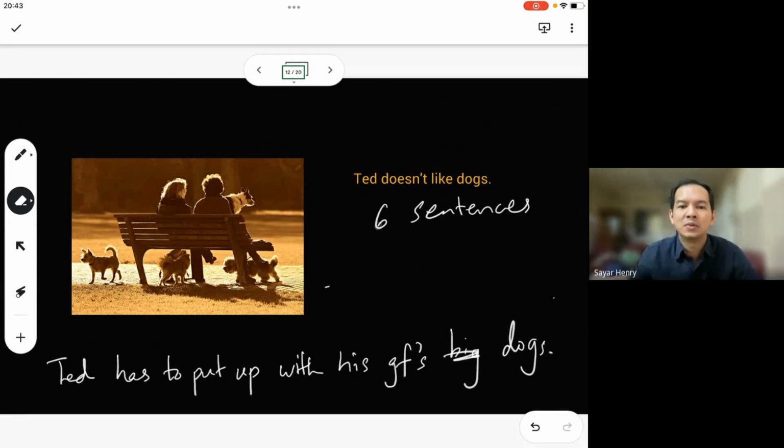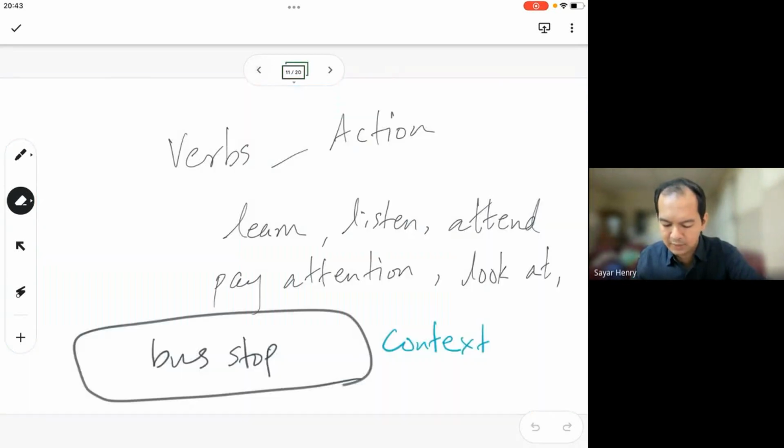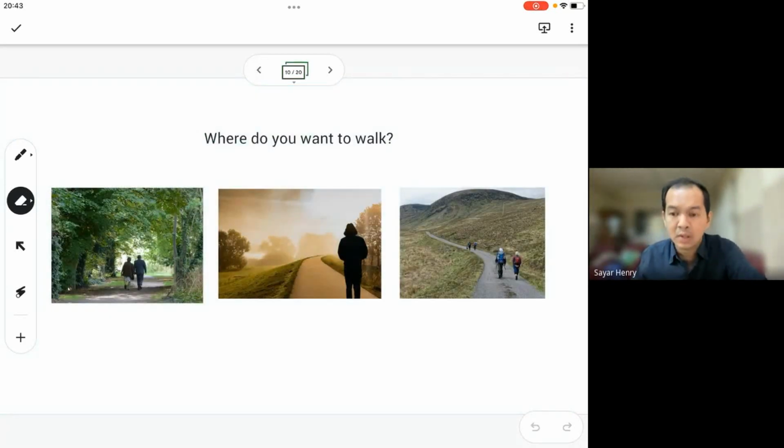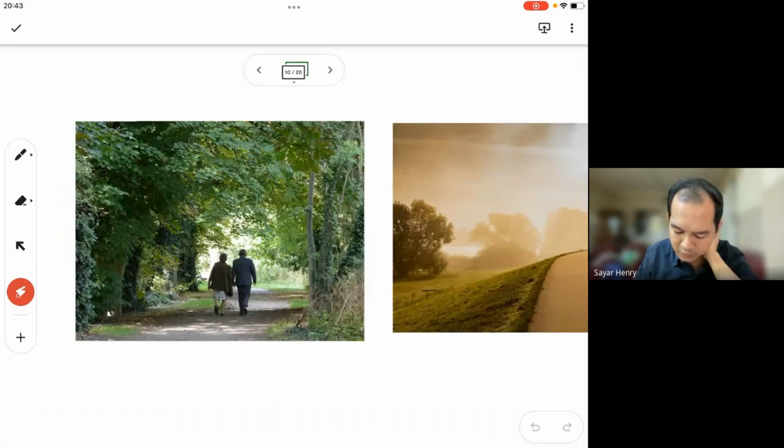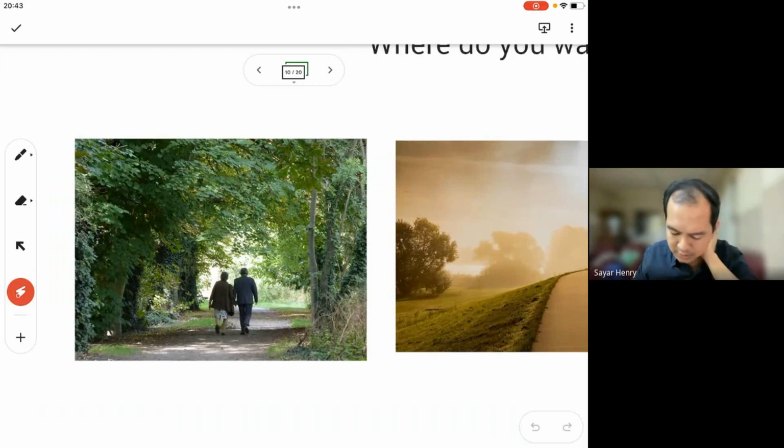Now we want to do another exercise. Let's see what we have here. There we go. I'm not sure if we have enough time to do this for each and every one of you, but I will try anyway. Take a look at these three lovely scenes. The first one looks like a shady area, and there are two people, an old couple, walking there.